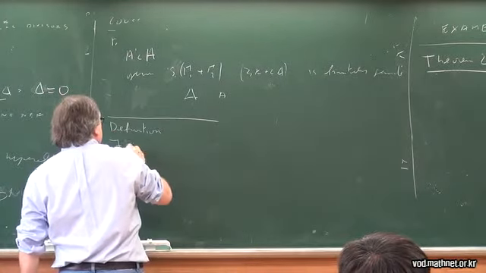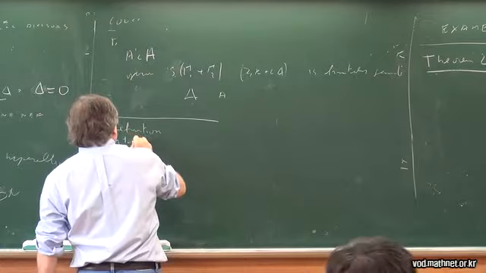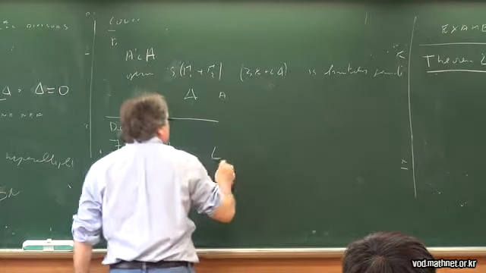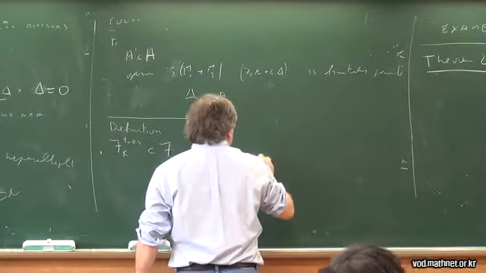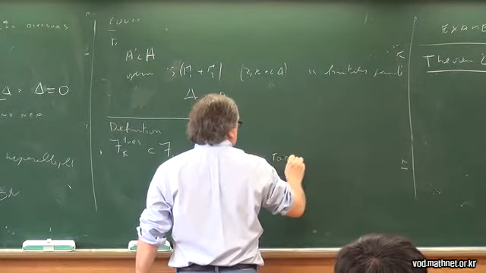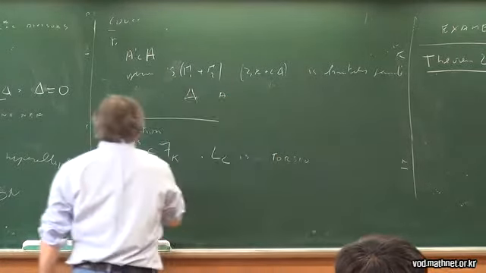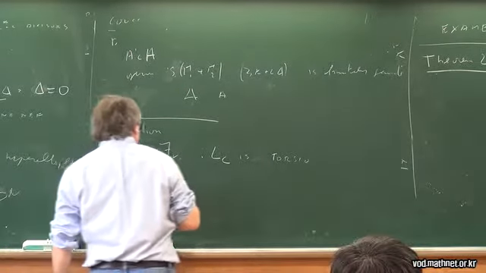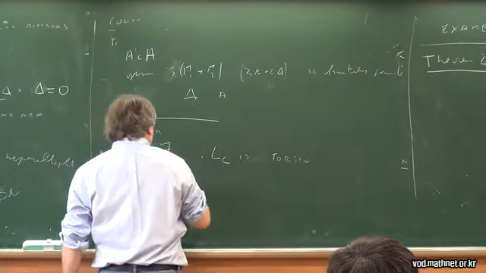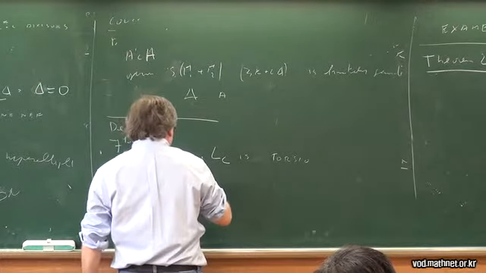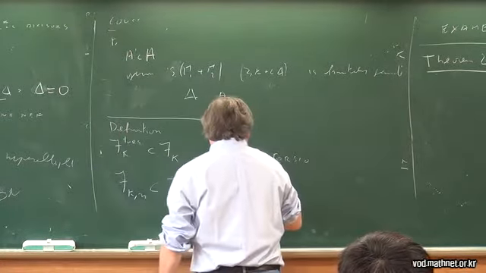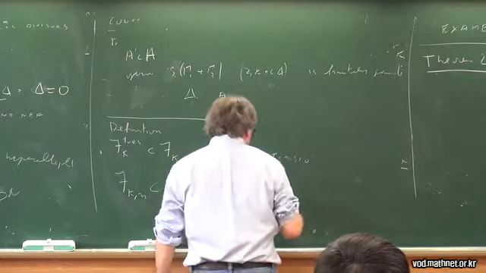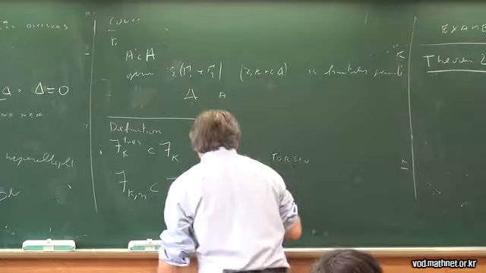We call F_k torsion a subset of F_k such that L_C is torsion. And maybe I call F_k^n the subset of F_k torsion such that L_C^n is equal to O_C, the n-torsion.